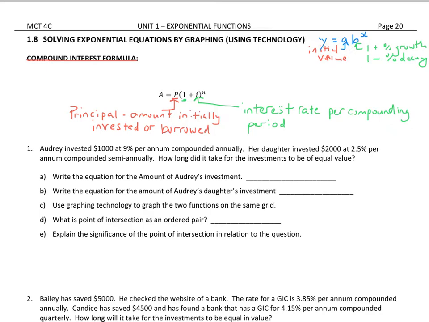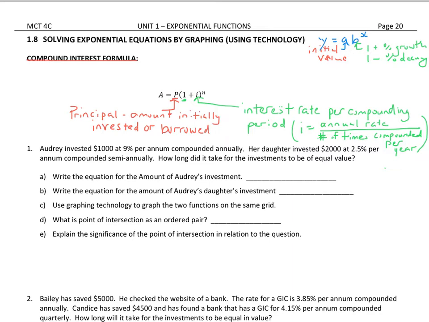If it's compounding quarterly, you would take your annual rate and divide it by 4, and that would be the value you would use for I. If you're compounding monthly, take your annual rate, divide by 12, and that would give you the value of I. So it's always your annual rate divided by the number of times it's compounding in 1 year. Okay, so that says I is equal to your annual rate divided by number of times compounded per year.